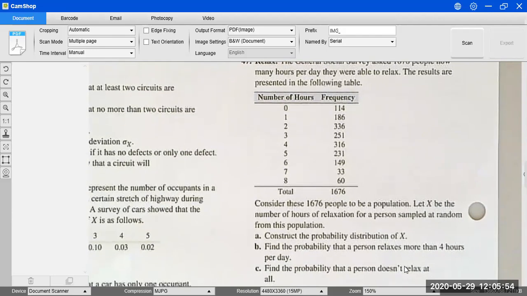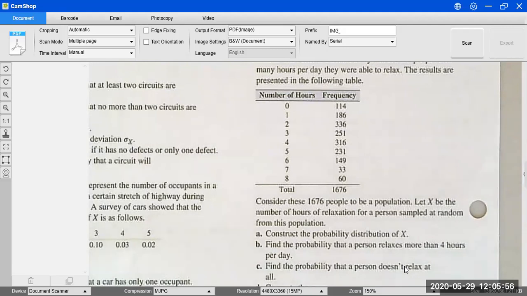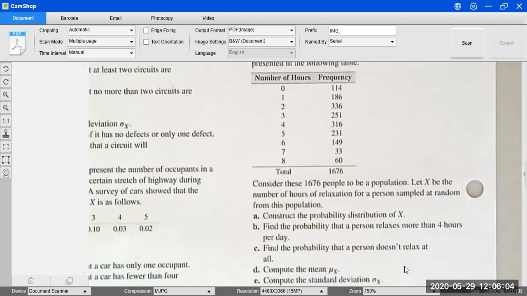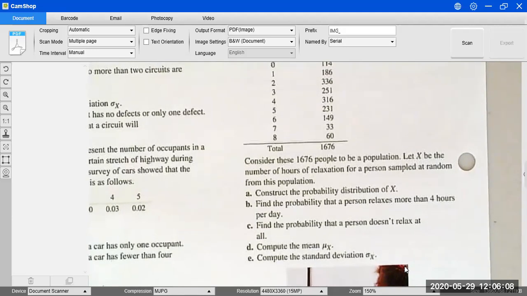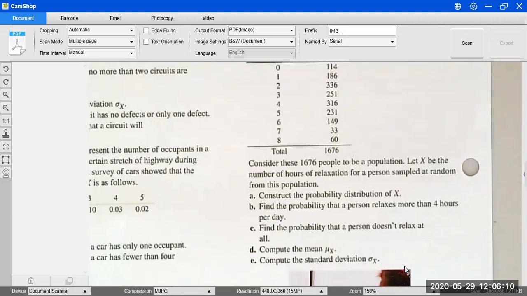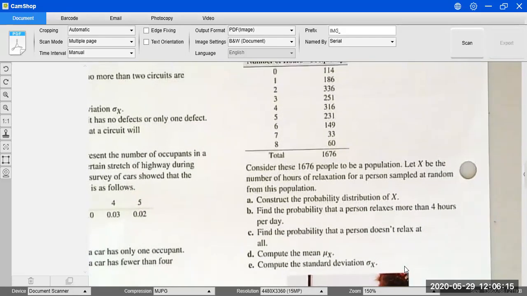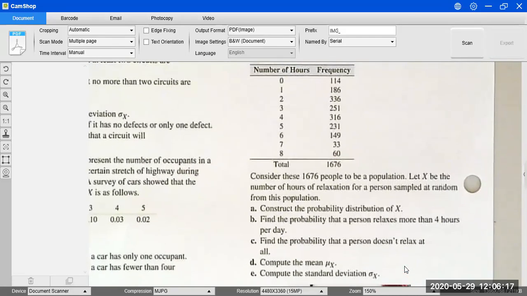Part A is just getting the probability distribution, getting the corresponding probabilities by dividing the frequency over the total frequency. Then you're going to solve some problems about computing probabilities. That's part B and C. And finally, part D is computing again the mean and the standard deviation.